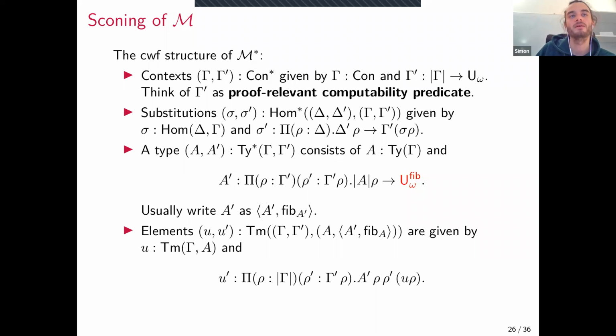And a term or an element of such a type is just given by, given a closed instance of gamma which is computable, a witness that the left side of this is computable. So let me repeat, an element here is a pair of a term in M, and u prime is a witness that it's computable.